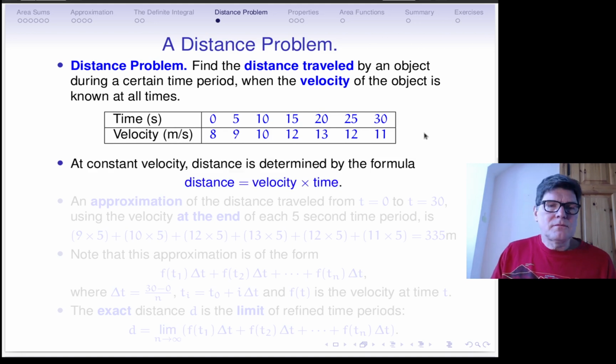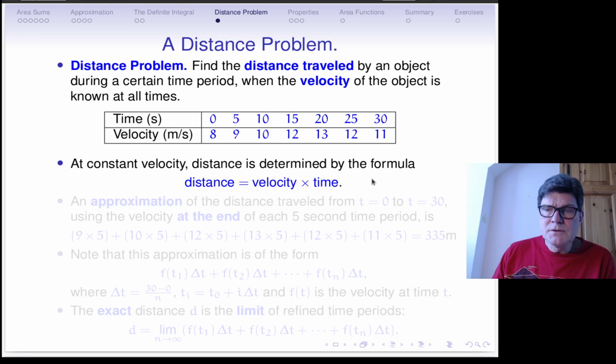And of course, at a constant velocity, the distance traveled is determined by the simple formula: distance is velocity times time. That's in a way reminiscent of the area formula for rectangles, isn't it? Anyway, here we're talking about distance, and the distance traveled at a constant velocity is that velocity times time.